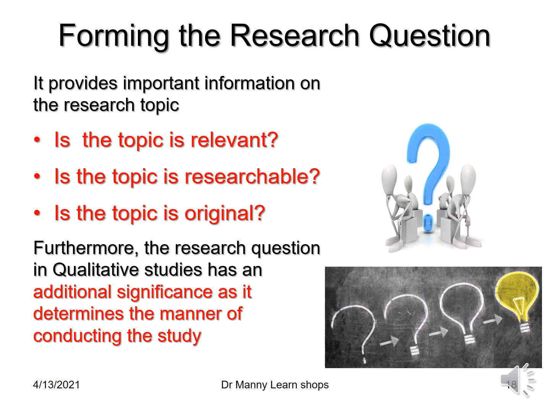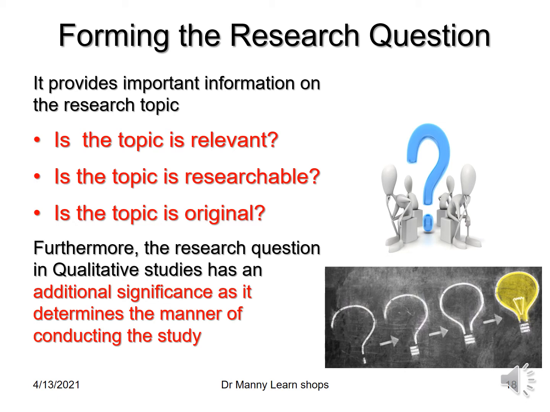So let's look at the research question. If we're forming the research question, it's supposed to provide important information on the research topic. So, first of all, it's going to be reviewed. Is the topic relevant? Is the topic that you've chosen researchable?